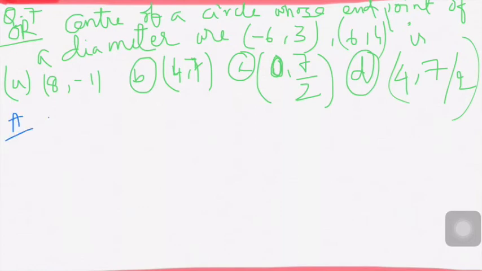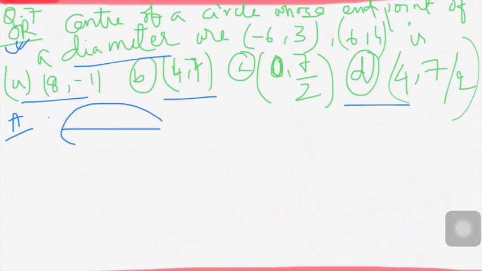So in this question number 7 in OR, we have got this question. The center of a circle whose endpoints of a diameter are (-3, -6) and (3, 6)... options are given. So as we have shown in the previous question, the midpoint, so what would be the center? The center would be the midpoint of the diameter.